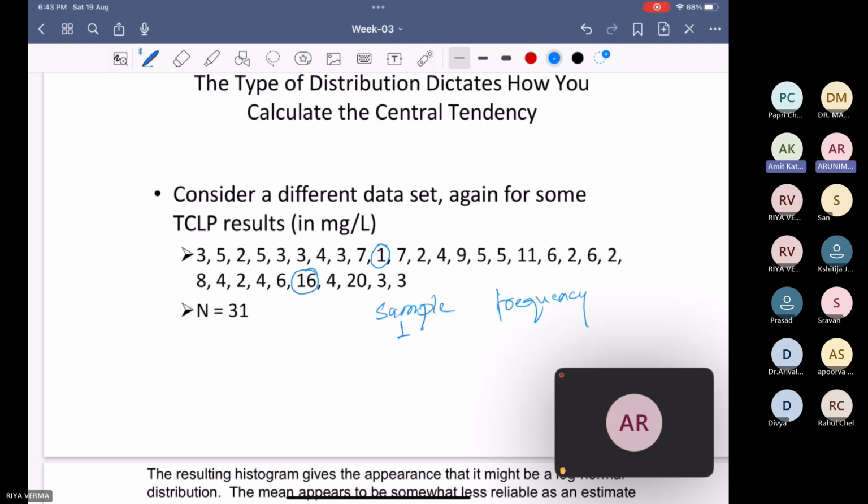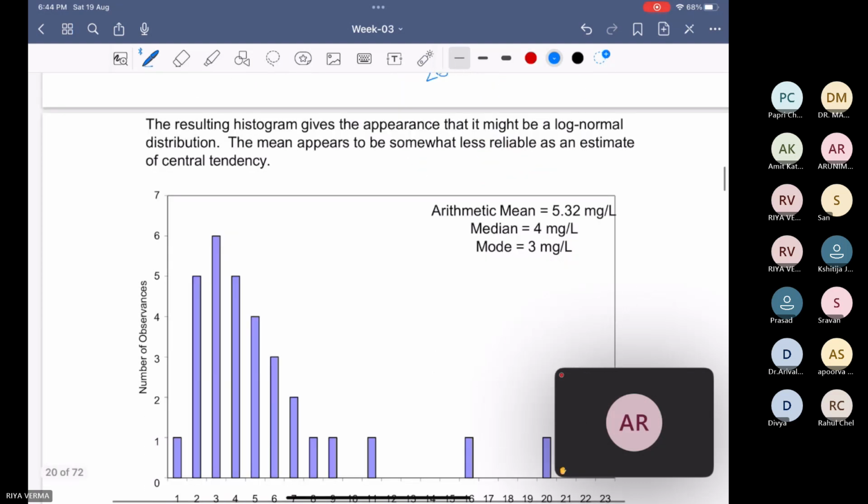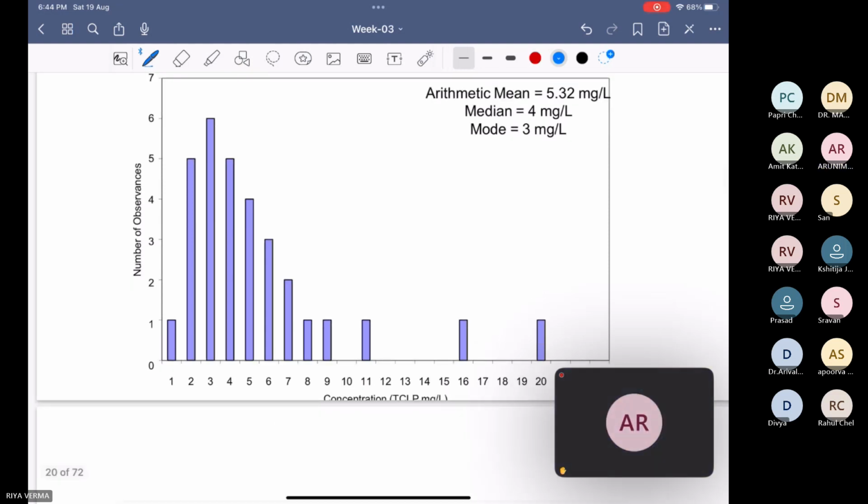Yeah, it's 20. So we'll go up till 20. सेम प्रोसेस फॉलो करेंगे सबके करस्पॉन्डिंग फ्रीक्वेंसीज और जब उसको प्लॉट करेंगे तो वी कैन सी दैट द ग्राफ इज कमिंग आउट टू बी समवट लाइक दिस ओनली.